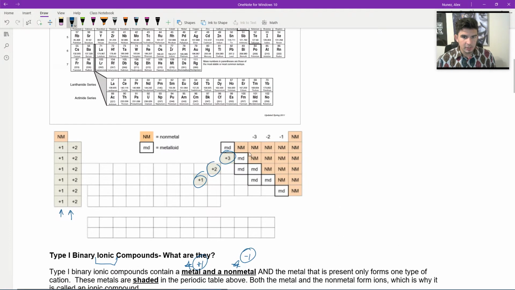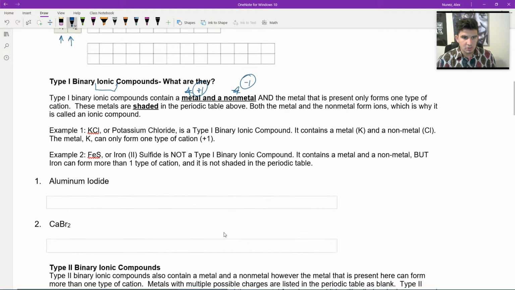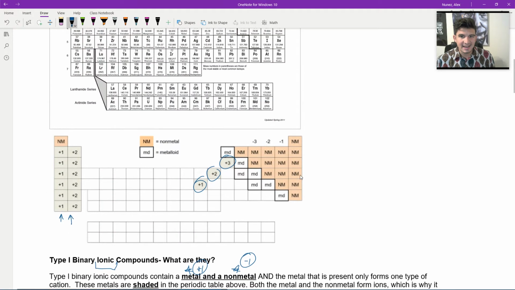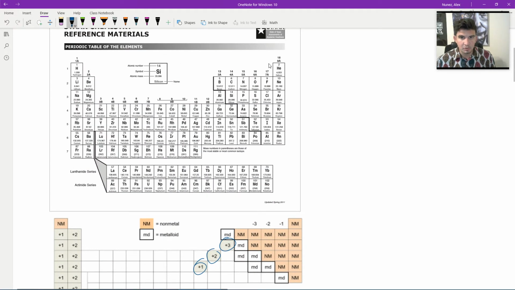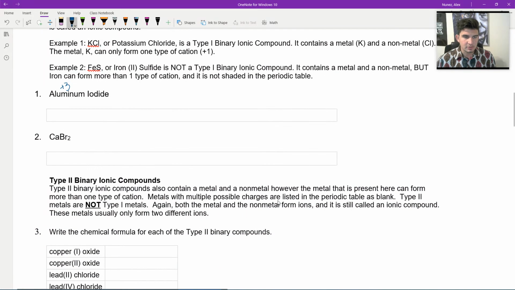So aluminum, we know, shows up as one of our special elements, which has a charge of positive 3. The way I would write this is I would just put plus 3 above aluminum. Next, iodide is the type 1 binary ionic compound way of saying iodine, which shows up in group 17 or 7A, which has a charge of minus 1. So I'm going to put minus 1 above iodine.